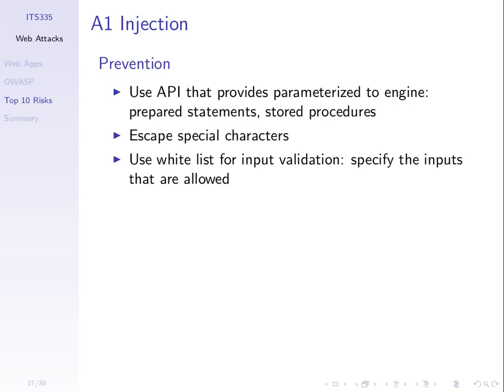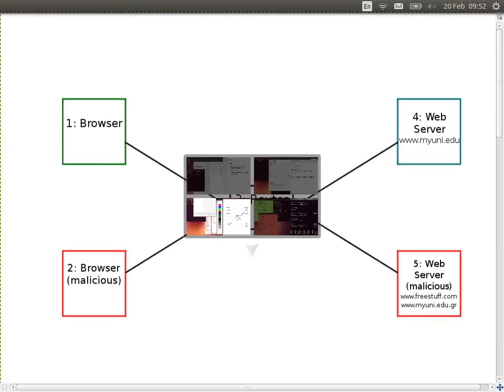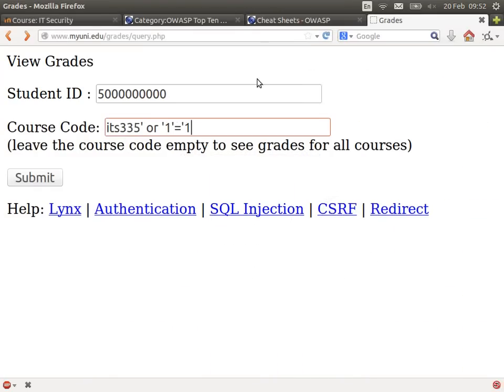If it's something else, don't allow it. Or escape special characters. In this attack, the special characters were the single quotes and the equals in here. They shouldn't be allowed in the input form. So you can escape them such that the PHP would not process them as a single quote and an equal sign.